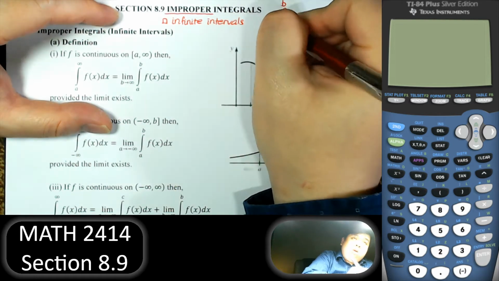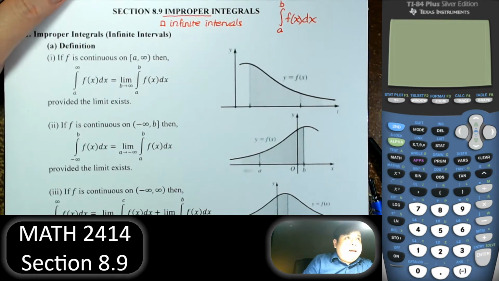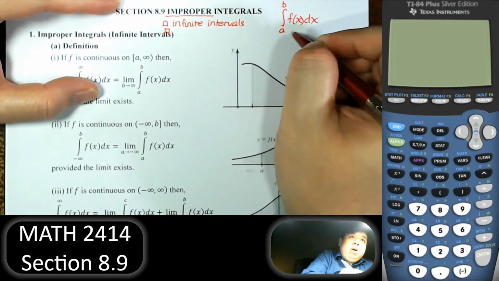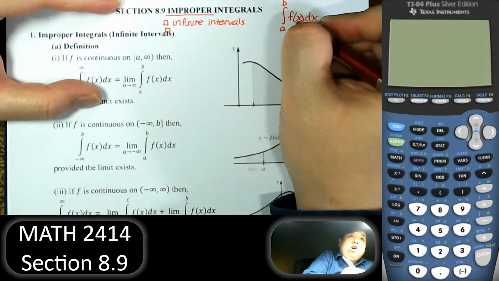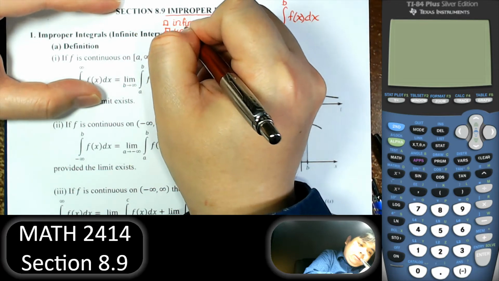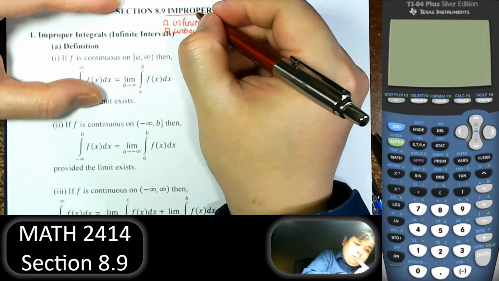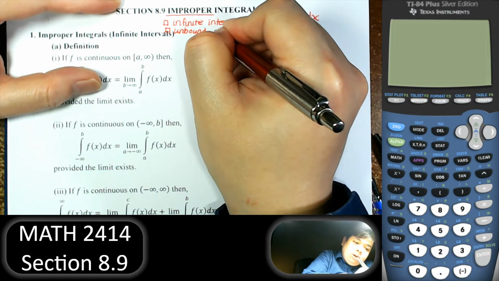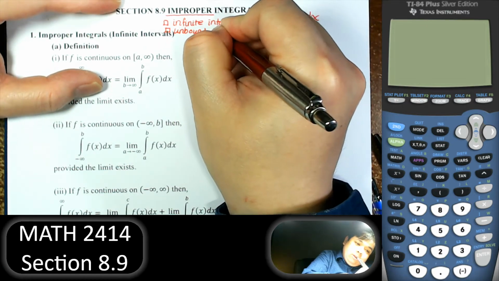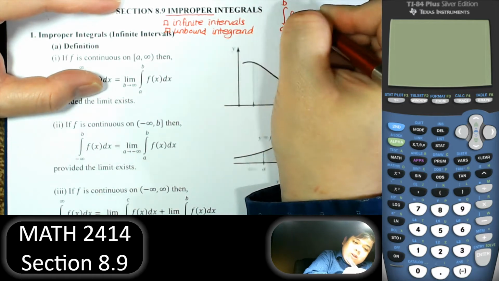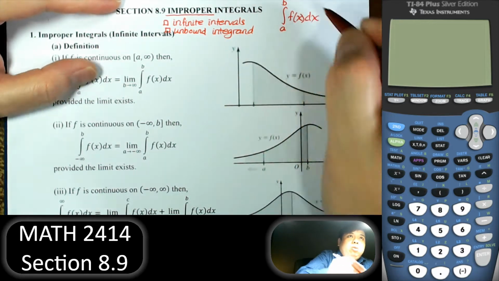That is the problem with a and b. And the second one we have is due to the unbounded integrand, so the problem with the function. The problem with the limit, then the problem with the function.